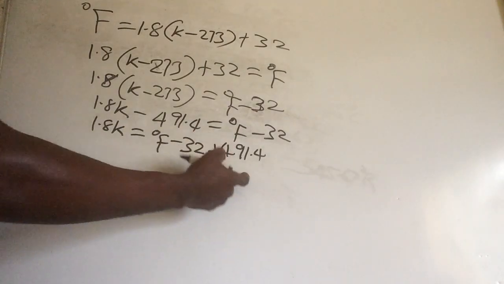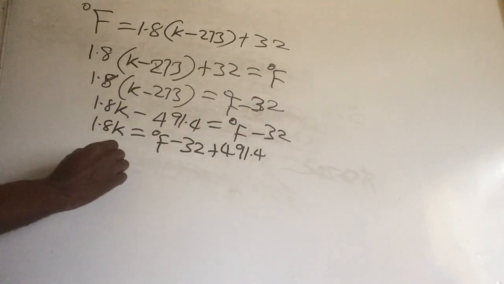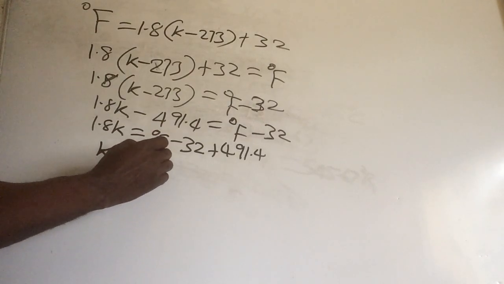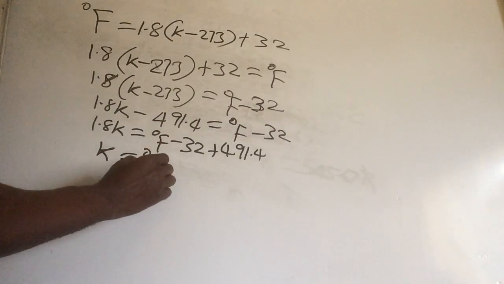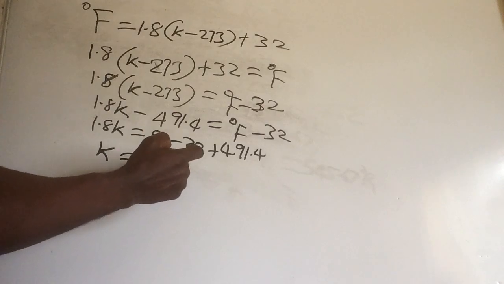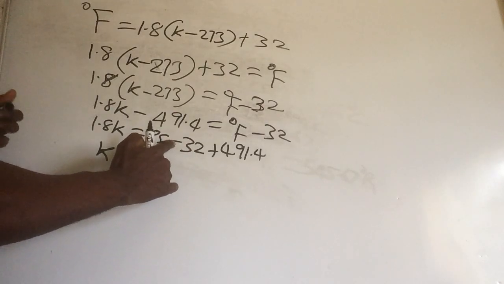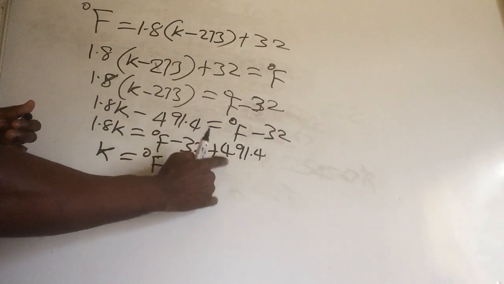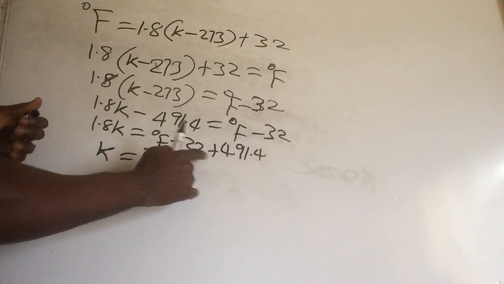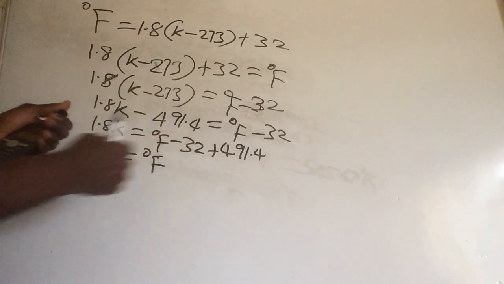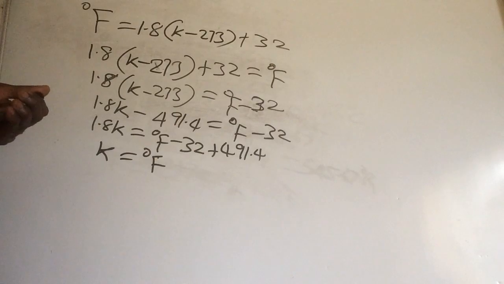So making K the subject of the formula, divide both sides by 1.8, and we now have K equals degree Fahrenheit plus 491.4 minus 32.